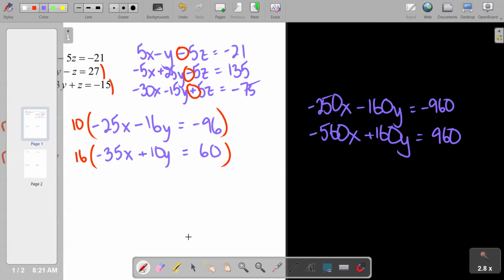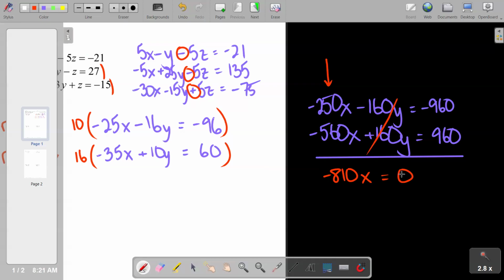So what's going to happen now is we're going to do what we came here to do, and that is we're going to add these two purple equations together because we set it up so that there would be an elimination. That was our goal. So when you add your X column, you get negative 810 X's. Your Y's, of course, cancel, and you're left with equals 0.